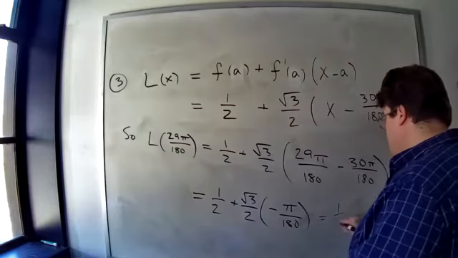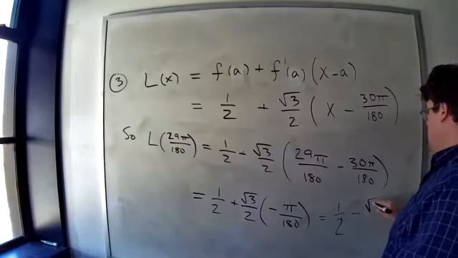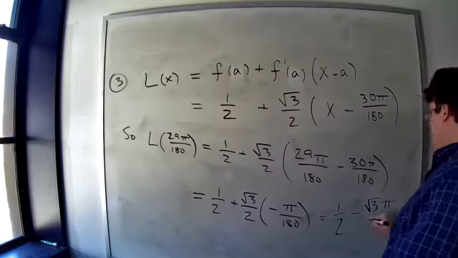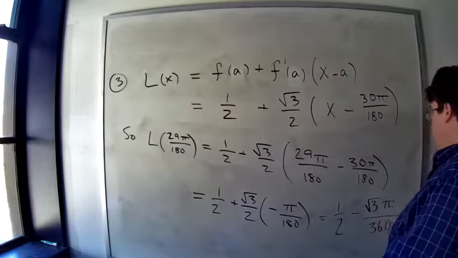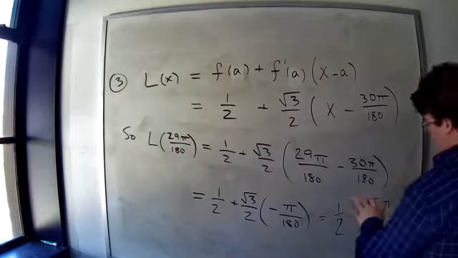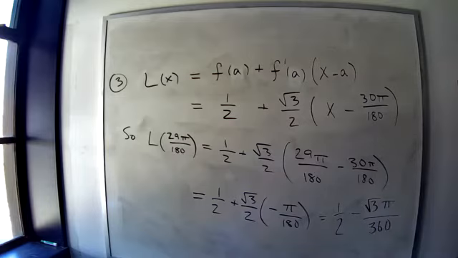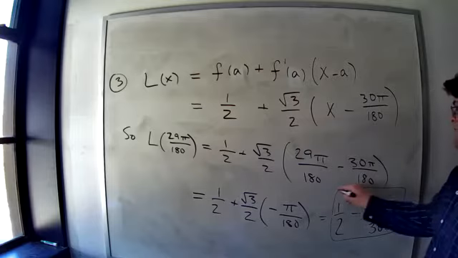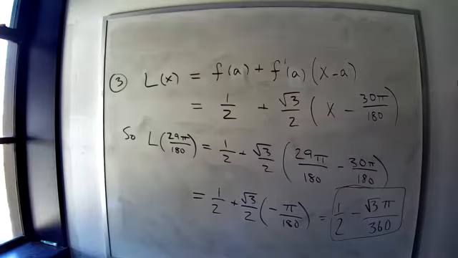I'm just going to write it like this. A half minus root 3 pi over 360. Yeah, you could do 180 minus root 3 pi all over 360, and I'll just leave it like this. That's fine. That's not the important simplification going from here to.